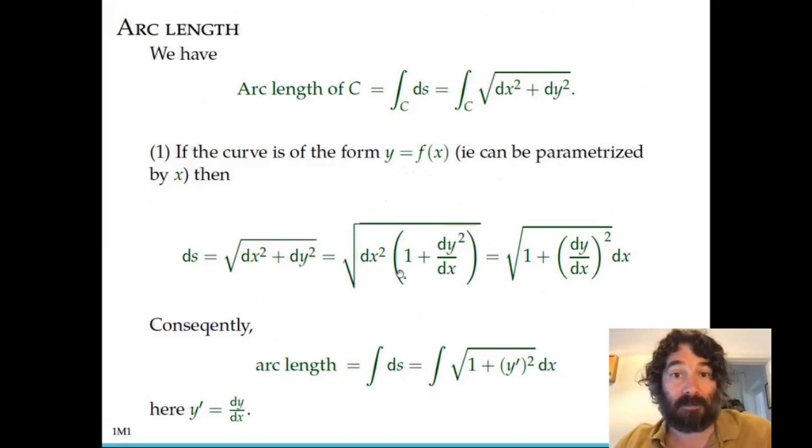So if we formally plug in dy/dx times dx for dy and then factor out the dx, we get that this arc length form ds is the square root of 1 plus (dy/dx) squared times dx. This is what we use for the arc length. We integrate over the curve this form, square root of 1 plus y prime squared dx.